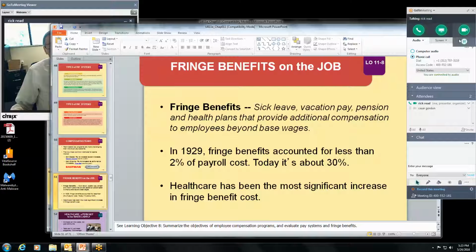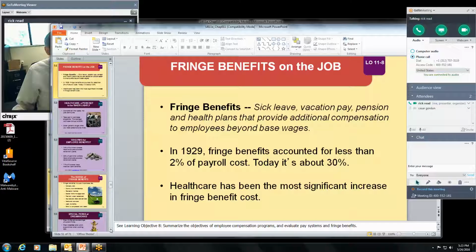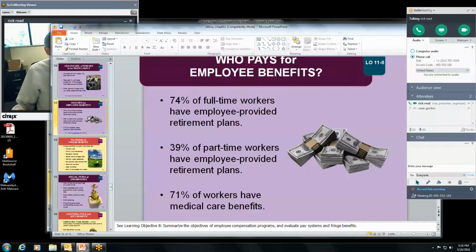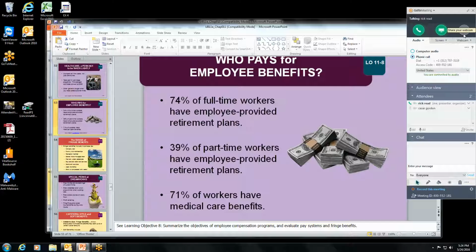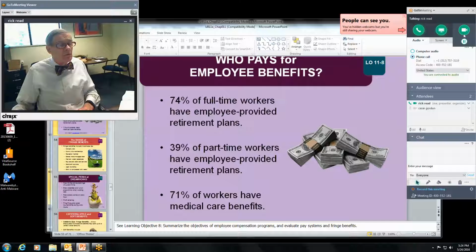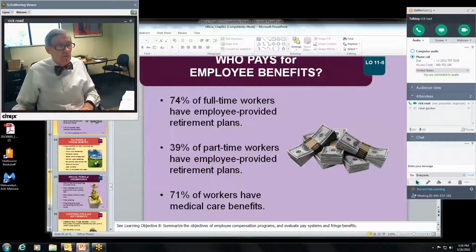And then we have fringe benefits. Fringe benefits can be anything. Can be vacations. It can be paid time off. It can be medical plans, dental plans, etc. It's important to notice that there are more fringe benefits today than there were some years ago. 74% of all full-time workers have employee-provided retirement plans. 39% of part-timers do, and 71% of workers have medical care plans.